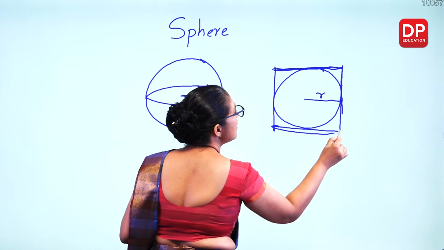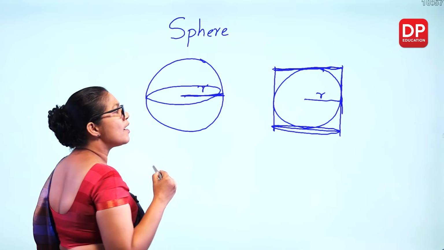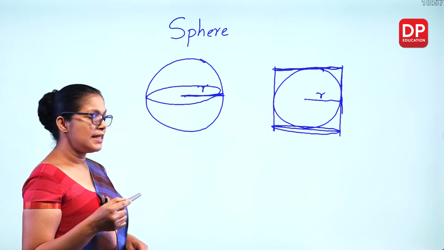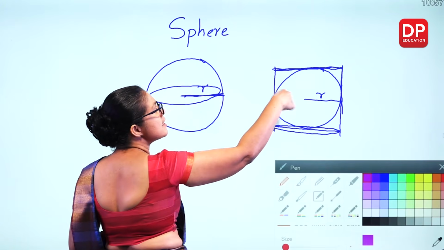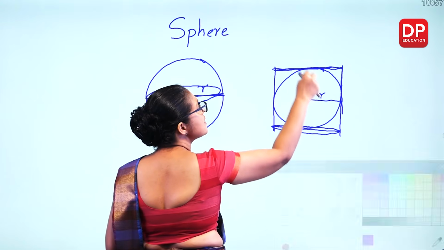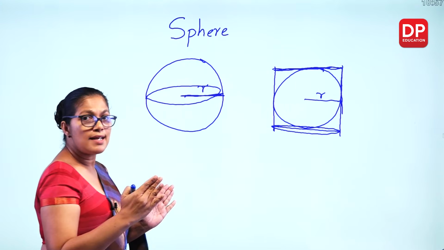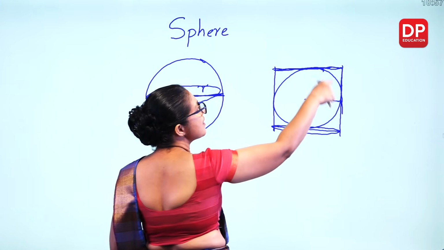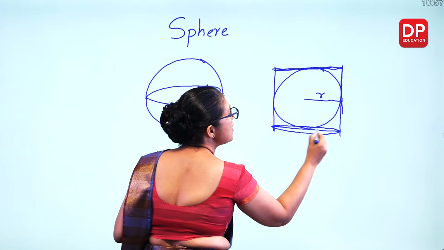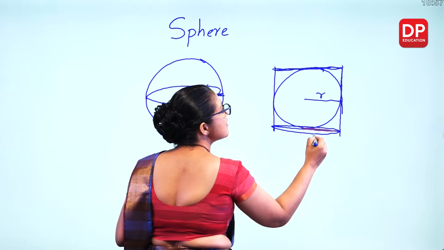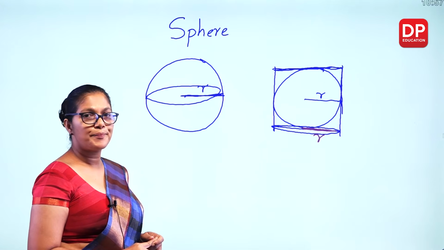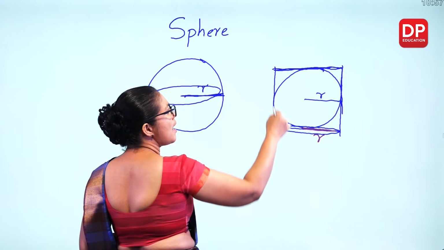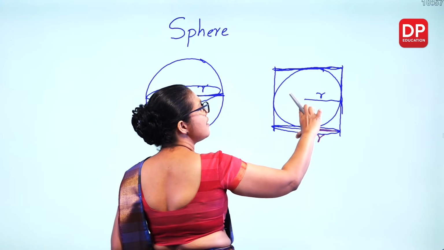So this is a cylindrical shape. What's the radius of the cylinder? When you include the sphere inside and all sides touch the cylindrical shape, that means this radius is also r. Now what happens to the height? This is r, another r.